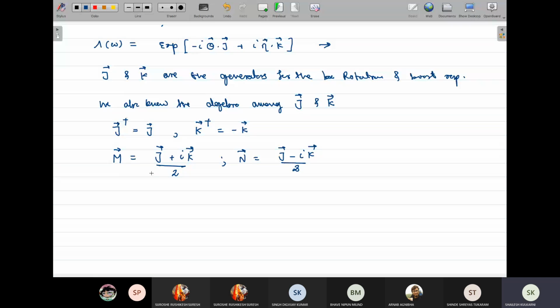Note that because of this i, this M is Hermitian now. M dagger is M, and N is also Hermitian. So I have now two Hermitian generators, M and N, which are related to your J and K in this fashion.